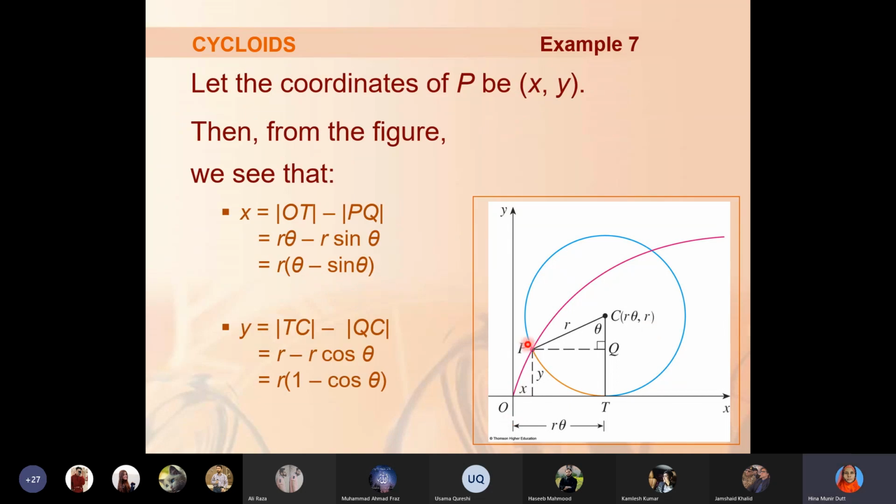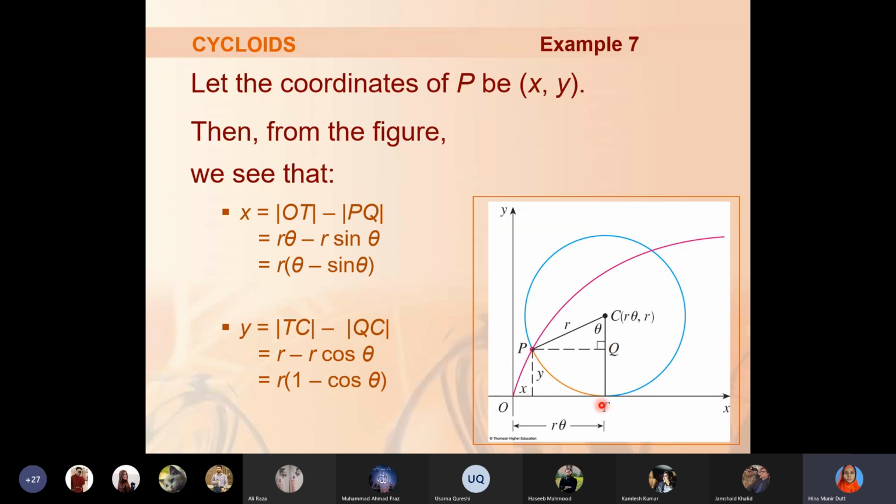Now we are supposed to find the coordinates of the point P. Let x and y be the coordinates of this point P, and these will be the equations of the cycloid. Now x, the x distance the point P has traveled, is equal to the length OT minus this length PQ.